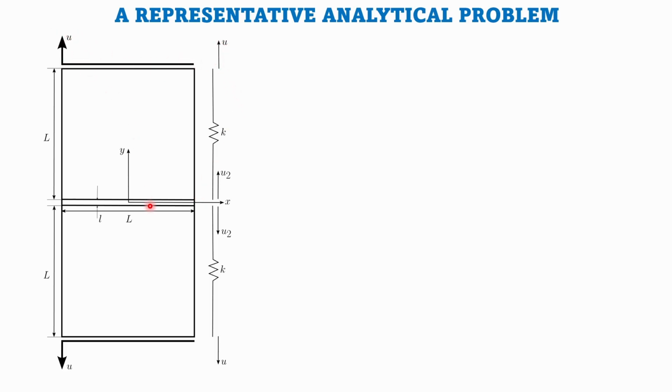If it were the same, then this layer would have no meaning; it would also have been rigid, because the same displacement would be passing through. But that's not the scenario. Because you are adding a deformable layer in between these two blocks, you have to consider the displacement of these two points as a different displacement u2 compared to the applied displacement u.